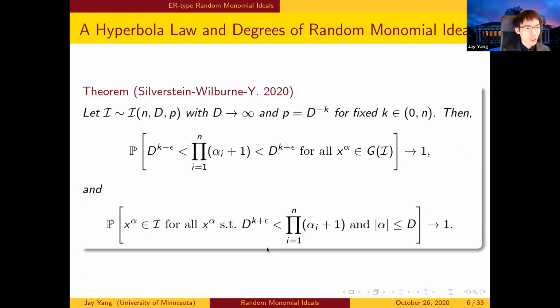Okay. So again, the original paper discussed dimension bounds, but more recently, with Silverstein and Wilburne, who were both co-authors on the original paper on the Erdős–Rényi type model, we've looked at what is the degree of a random monomial ideal in this model.